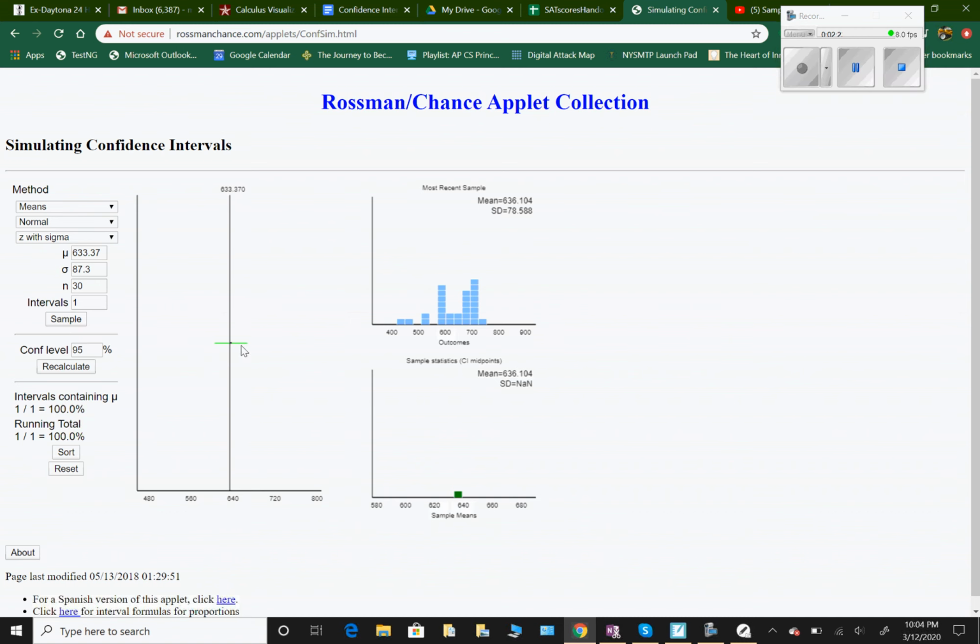You'll see this little green interval here. Over here on the right is the actual data points that the person got when they picked their sample. The mean of their particular sample, as you can see from the arrow, is 636.104. That's the standard deviation of the sample. We're going to ignore that for now. And this is what their data looked like. And then down below, here's the mean of their data.